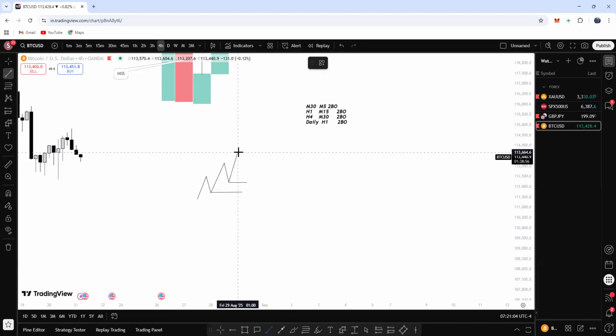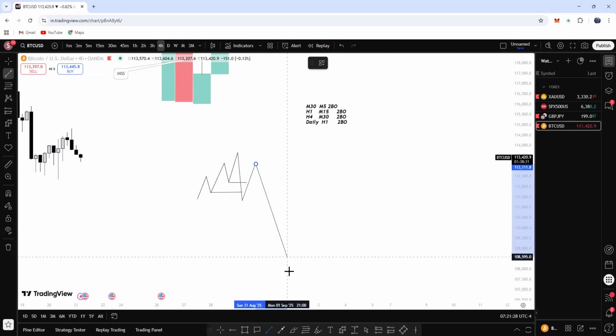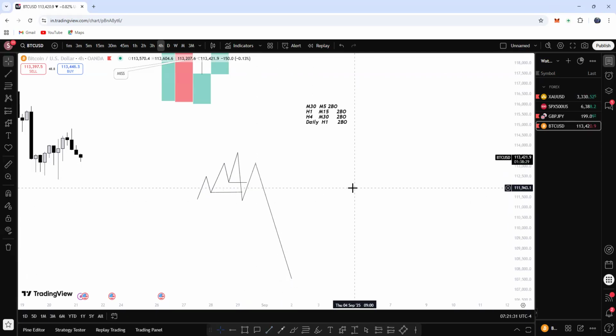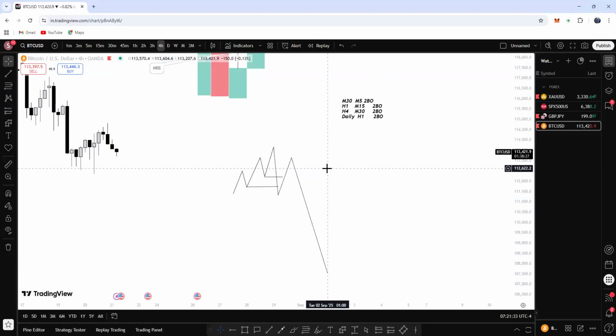Then you wait for price to break them both. So you wait for price to come down here and drop on a lower time frame. This is what we mean by 2 times breakouts.